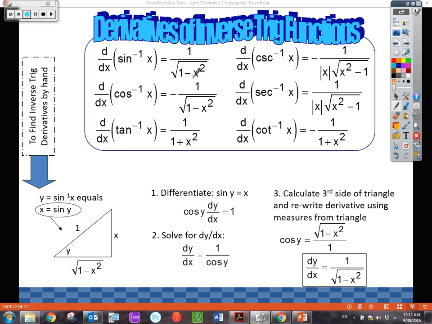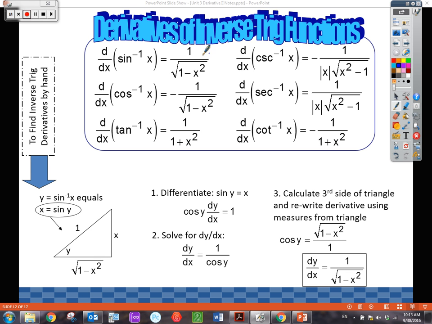For these derivatives, take note: if it starts with a C, the derivative is negative. So arc cosine is negative, arc cosecant is negative, and arc cotangent is negative. That pattern holds. The other thing is actually quite nice. The derivatives of arc sine and arc cosine are exactly the same except for the sign.